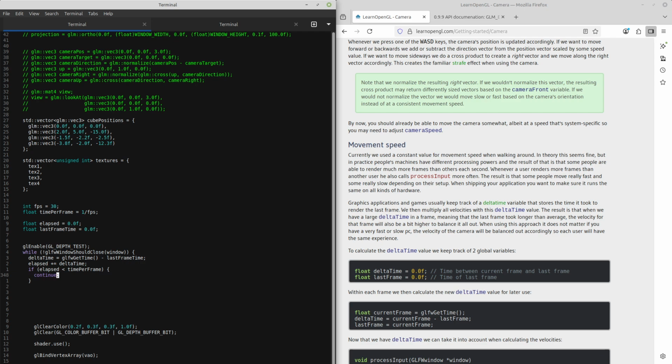Does that even make sense? If it's less than, we'll do this. Otherwise, we'll say elapsed equals 0. I know I've done this before. That's the funny thing. Must have done it a different way.